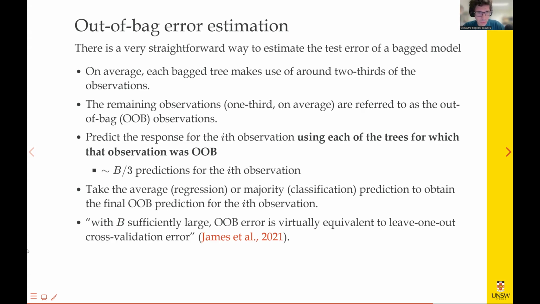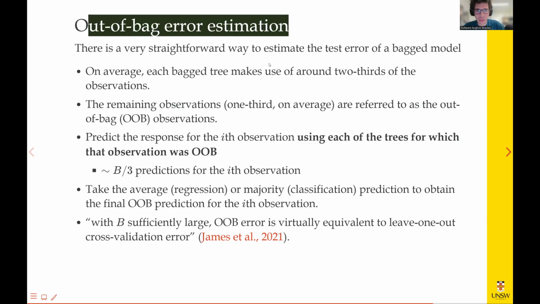The authors of our textbook will tell you that, if B is sufficiently large, out of bag error is virtually equivalent to leave one out cross-validation error, but leave one out cross-validation would be very computationally expensive, especially for bootstrap samples, because we would need to fit the tree 1,000 times or something like that. So it's pretty good that we don't have to do that because of this nice idea of out of bag error estimation.